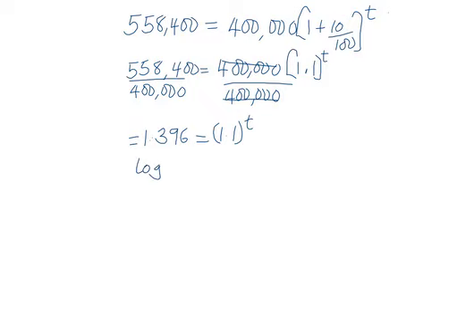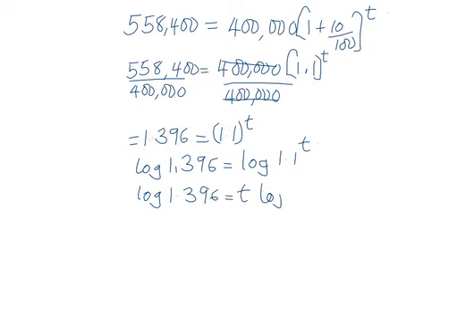So we have log 1.396 is equal to logarithm of 1.1 raised to t. So this means that log 1.396 is equal to t log 1.1.